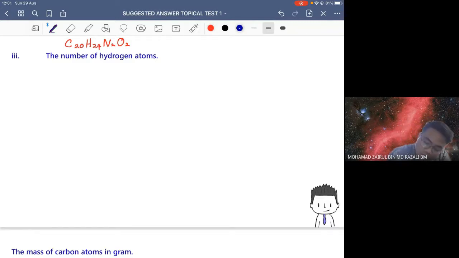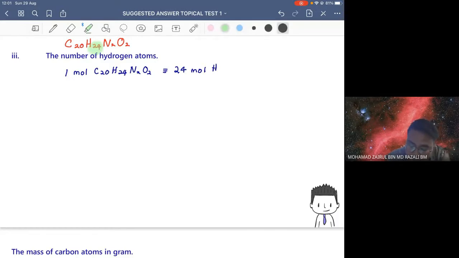So 1 mole of C20H24N2O2 is equivalent to 24 mole hydrogen. Why 24? Because hydrogen in quinine has 24. Okay, this is the basic. The first sentence for stoichiometry is what we get from the question, or what is given in the balanced equation.